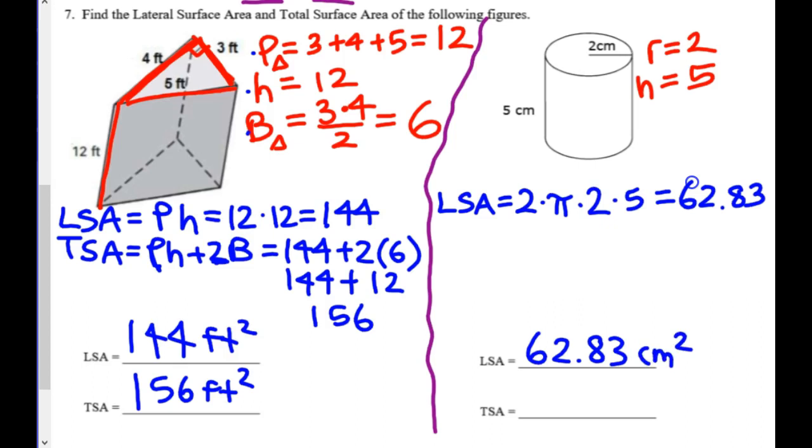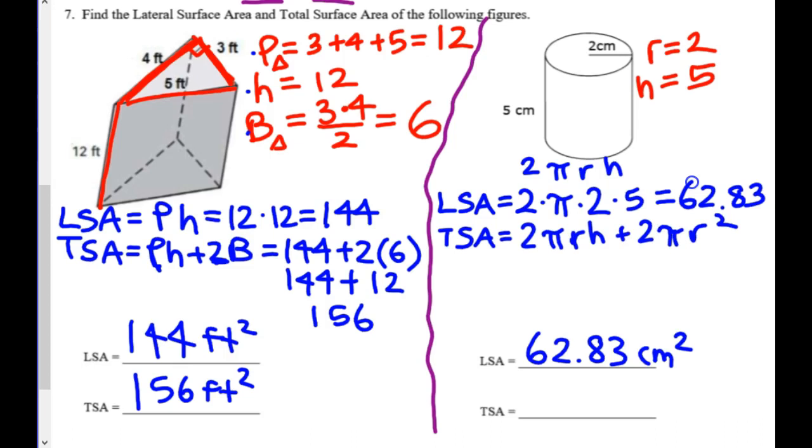And then for total, TSA, we're going to have 2 pi RH plus 2 pi R squared. So this one was 2 pi RH, we already know that, right? We did that up here. It's 62.83.